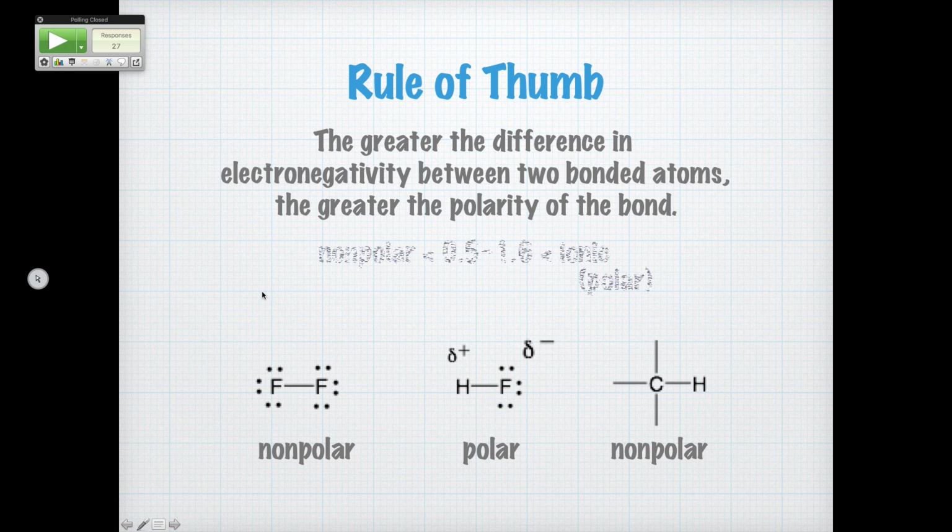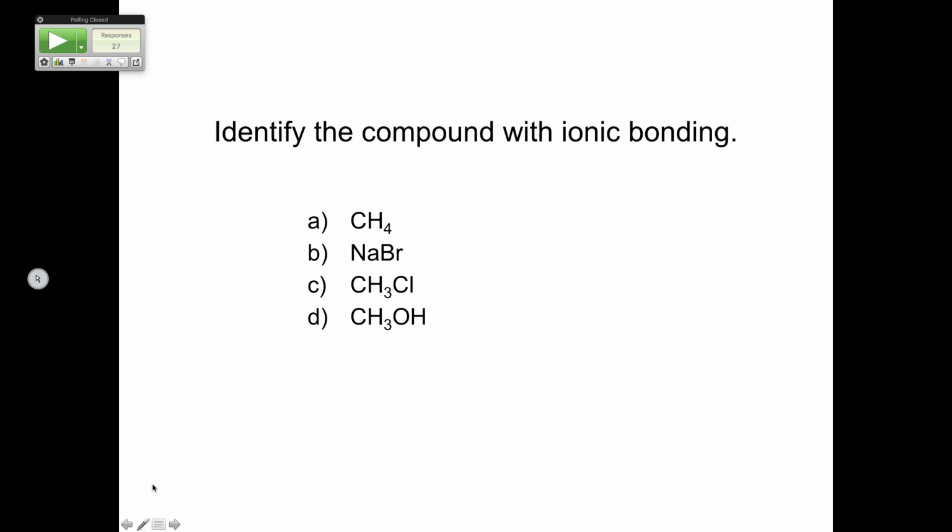The rule of thumb is if the difference is less than a half, it's nonpolar. A half to 1.6 is pretty much polar. If you get above 1.6, you start getting into ionic. Any questions on that? So it's a way that you can decide if a bond is polar or not.